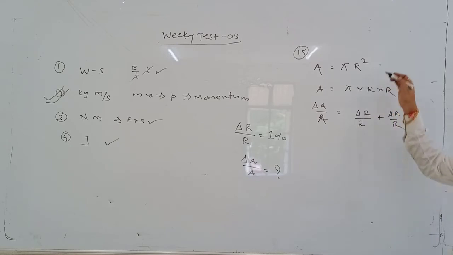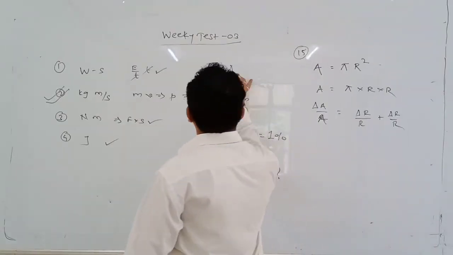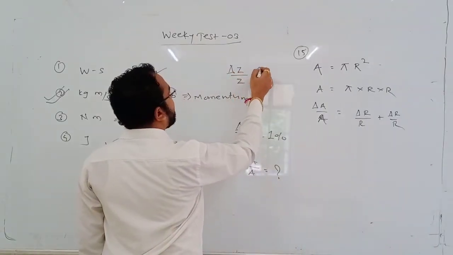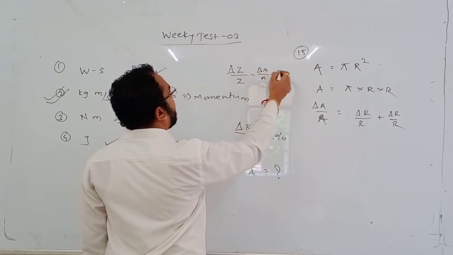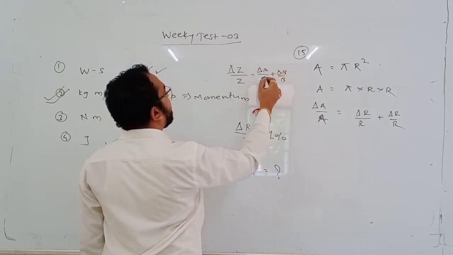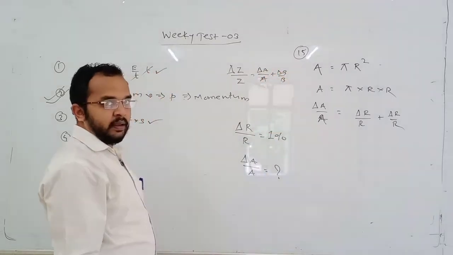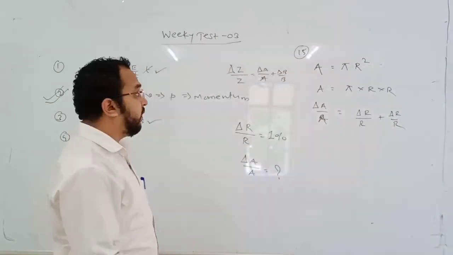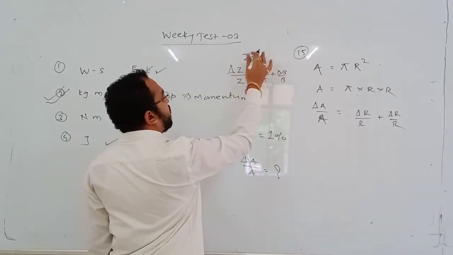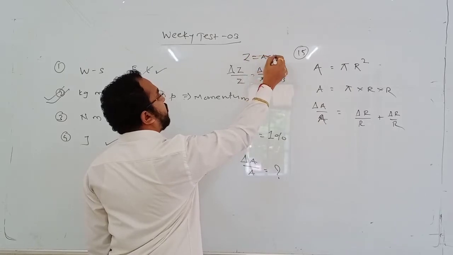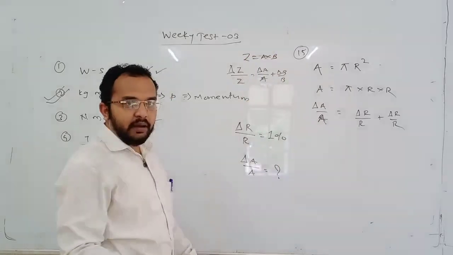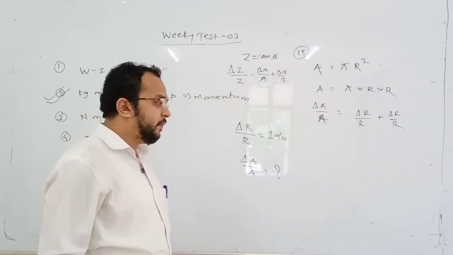In the last lecture itself, delta z upon z is equal to delta a upon a plus delta b upon b. Did you see that? When z is equal to a into b, or a divided by b, or a plus b.